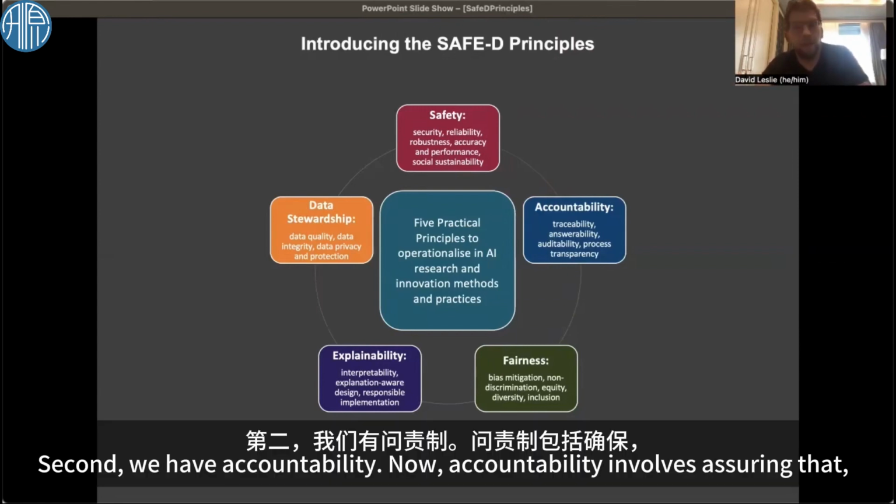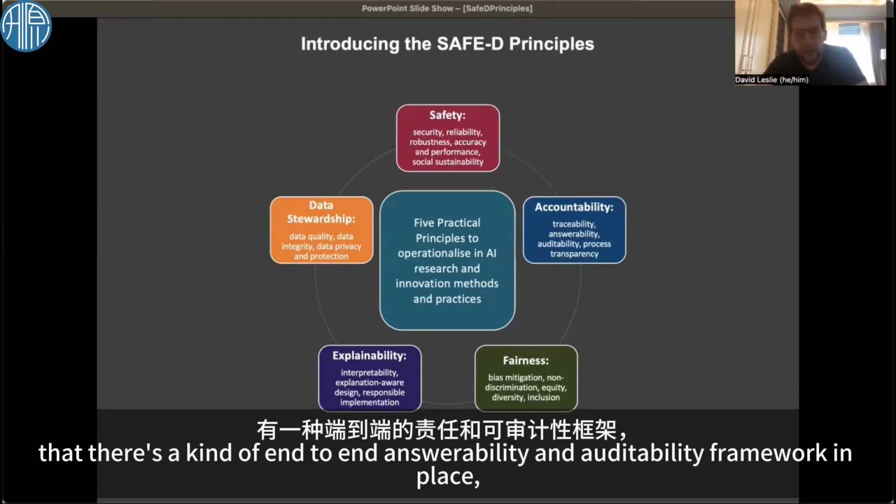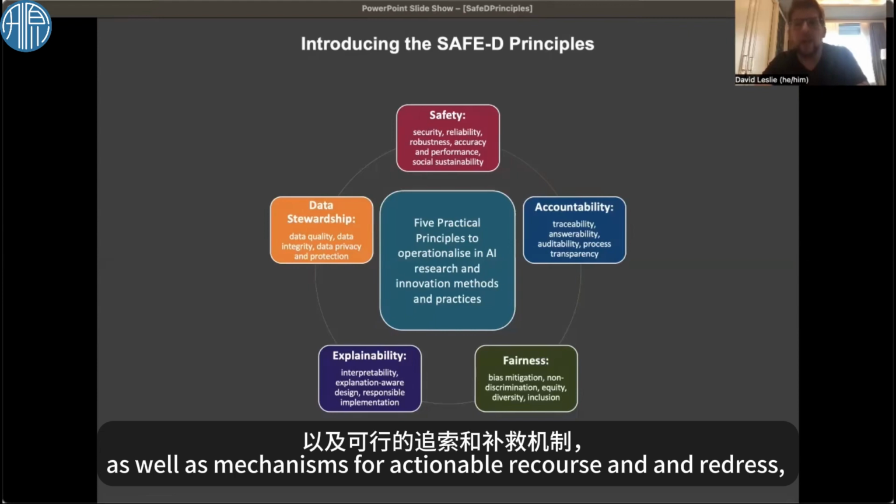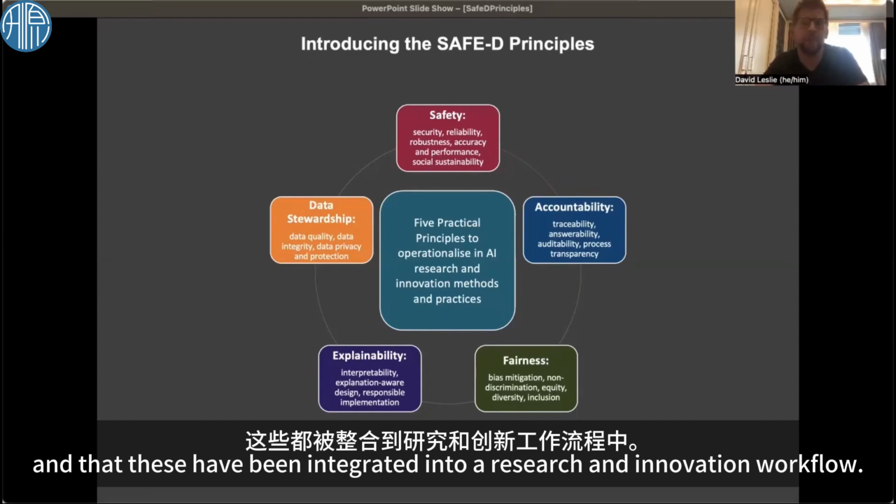Second, we have accountability. Accountability involves assuring that there's an end-to-end answerability and auditability framework in place, as well as mechanisms for actionable recourse and redress, and that these have been integrated into a research and innovation workflow.